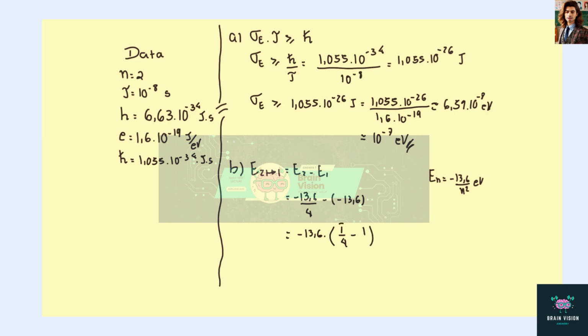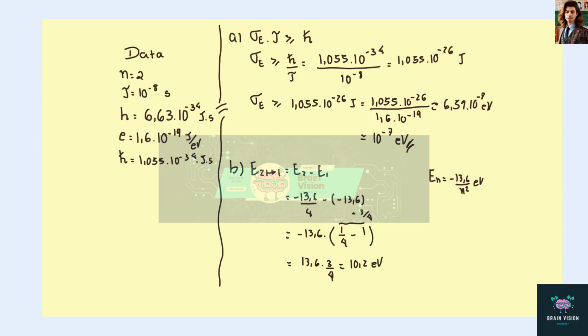Then we get that this is equal to minus 3/4. Therefore, the transition energy is equal to 13.6 times 3 over 4, which is equal to 10.2 electron volts.